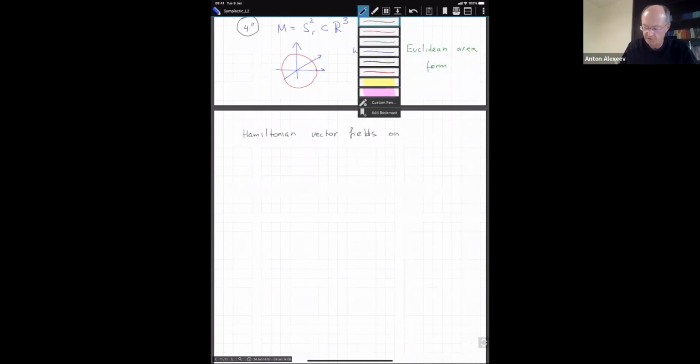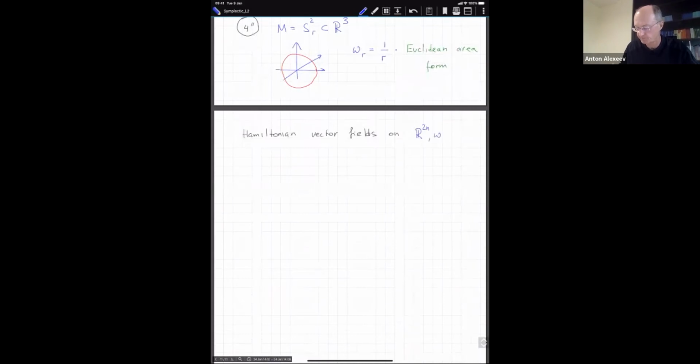So Hamiltonian vector fields on R2n, omega standard.